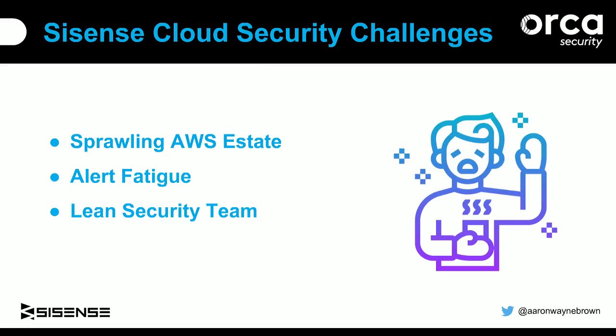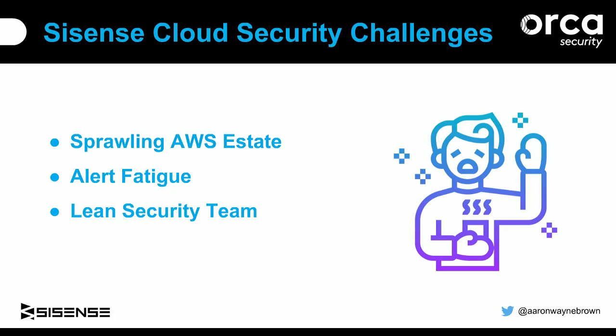Okay, so as a business, Sisense is a hybrid cloud infrastructure with multiple AWS accounts with thousands of assets. This makes up a pretty sprawling AWS estate, which can result in alert fatigue. As with many security teams out there, almost any security team really, the challenge around finding signal through the noise is constant and really not an easy one to solve.